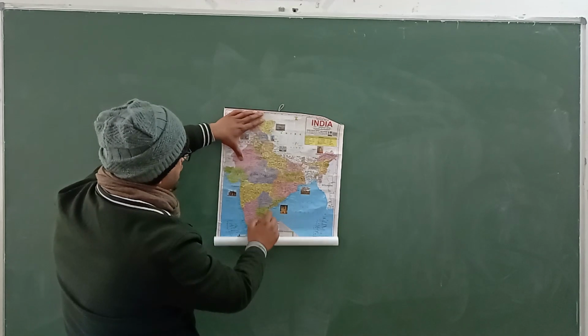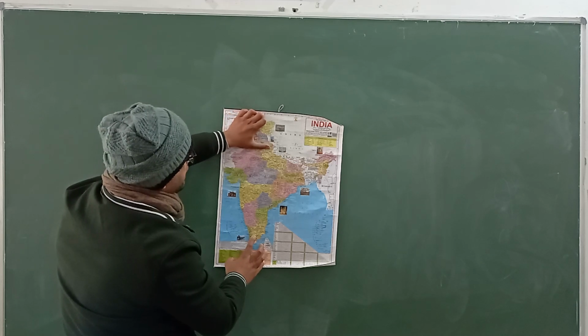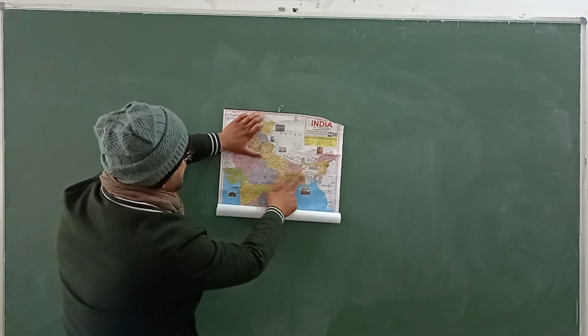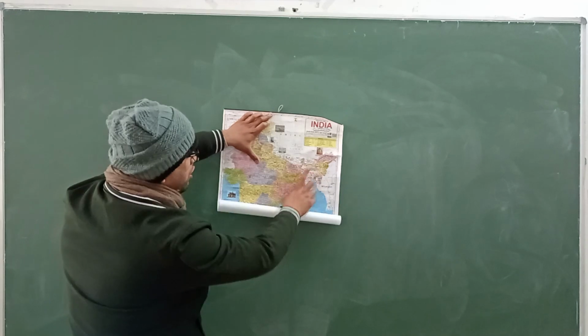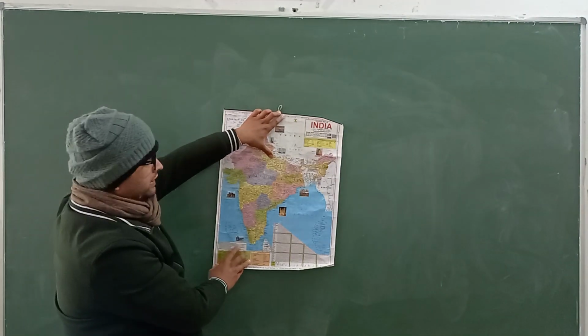If we look at the northern plain, Punjab, Haryana, Uttarakhand, Uttar Pradesh, Bihar and West Bengal along with some parts of Assam lie in the plains.